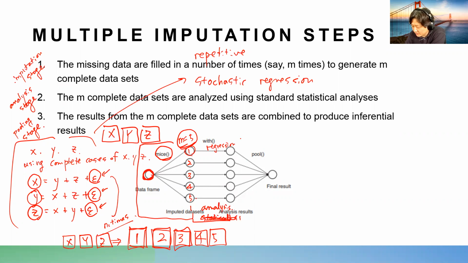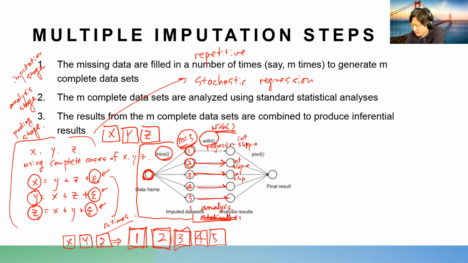We have an intercept and slope from the first data set, and then from the second data set we run it again and have another intercept and slope, and again for the next. So we have 5 sets of parameters in this case. This is the analysis step, and we can do this with the with function.